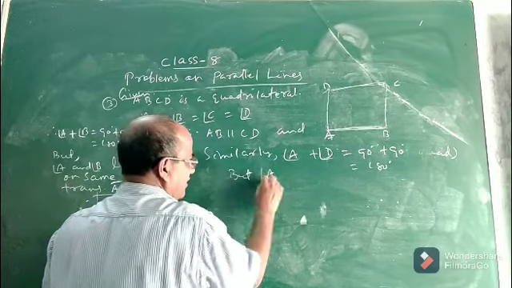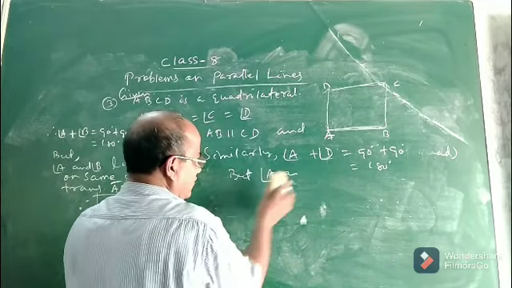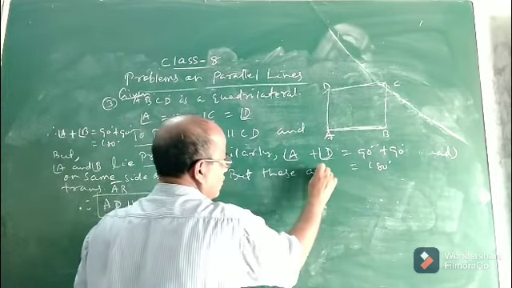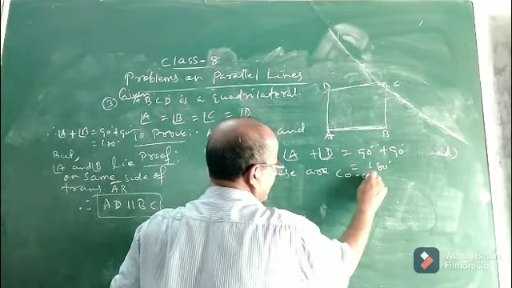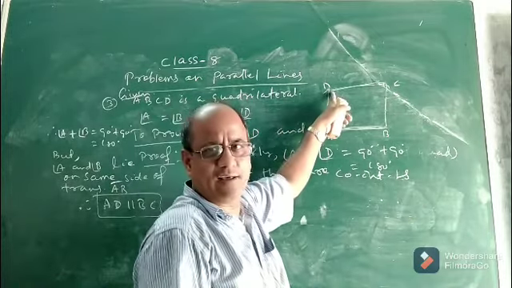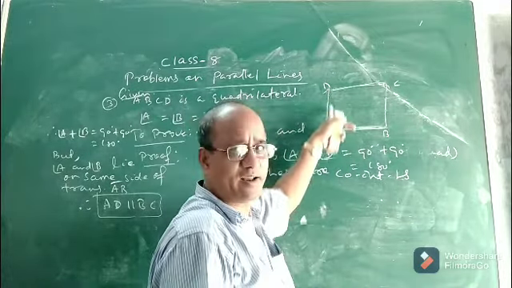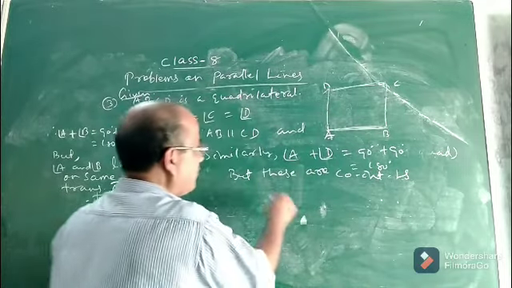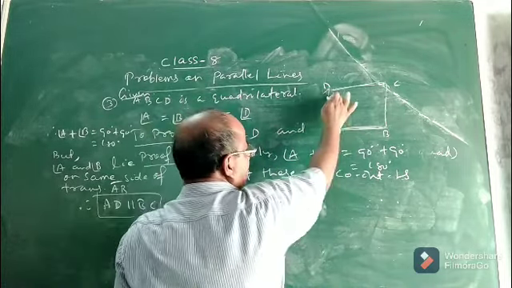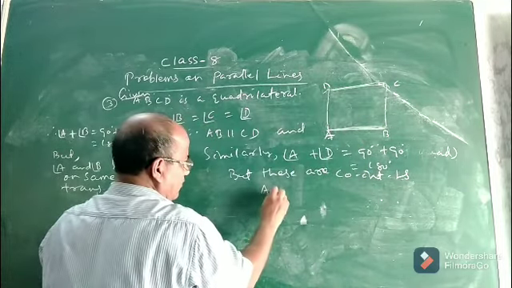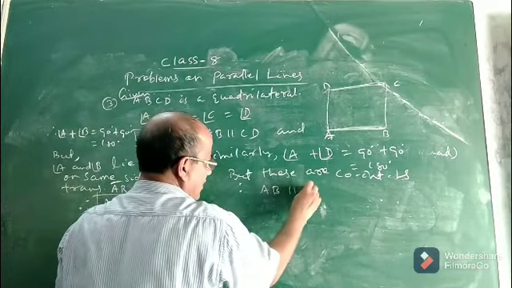They are co-interior angles. You see, angle A and D are consecutive interior angles with transversal AD. Therefore, if angle A plus D is 180 degrees, so definitely AB and CD must be parallel. Therefore, AB parallel to CD.